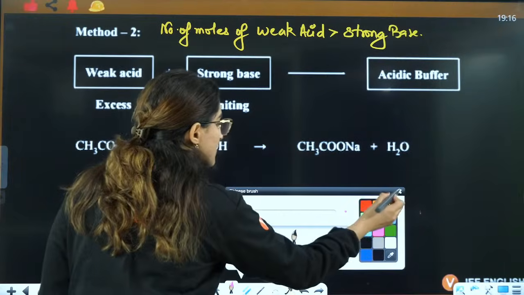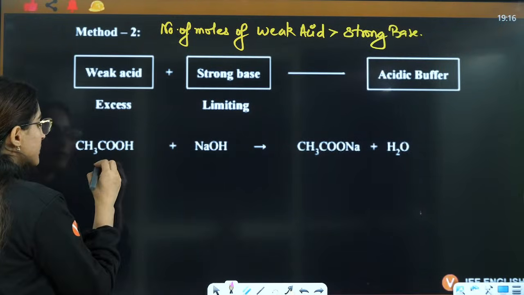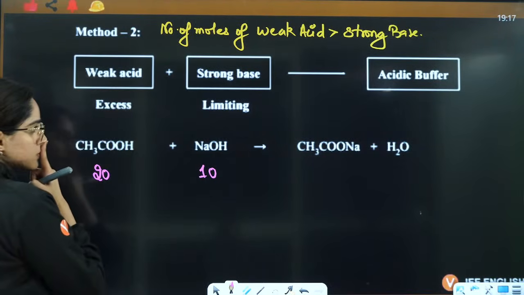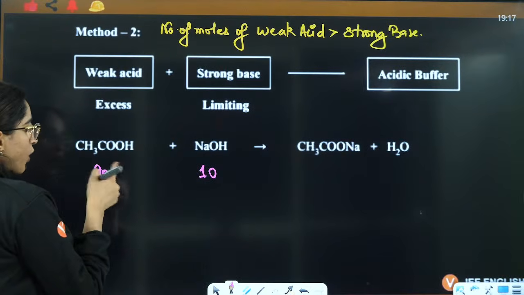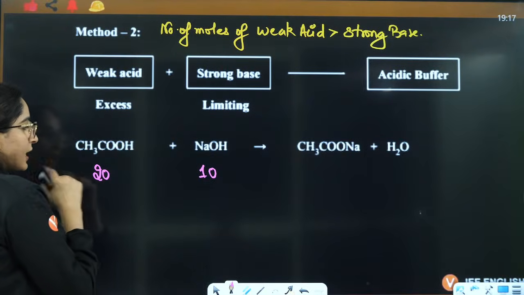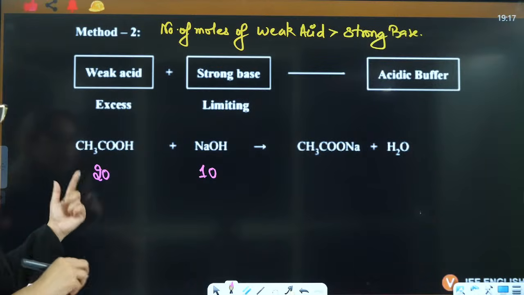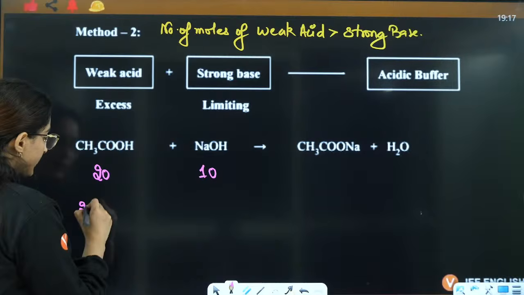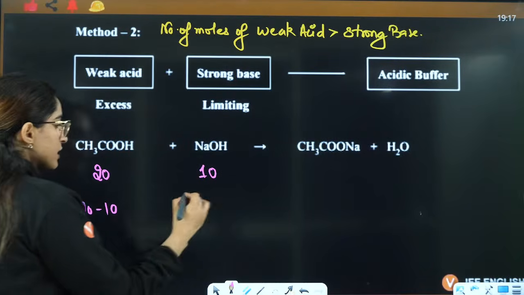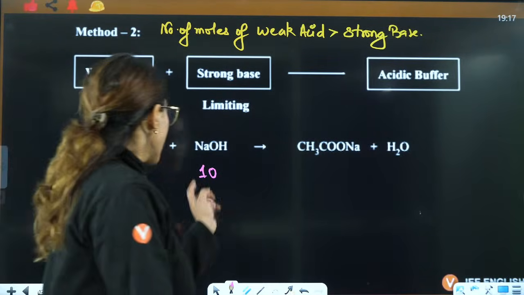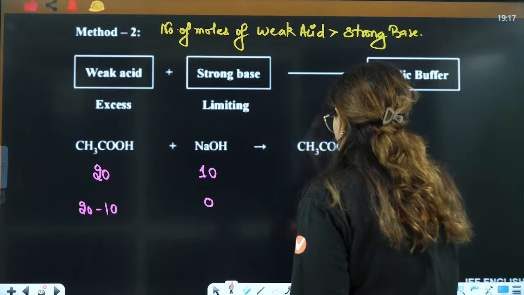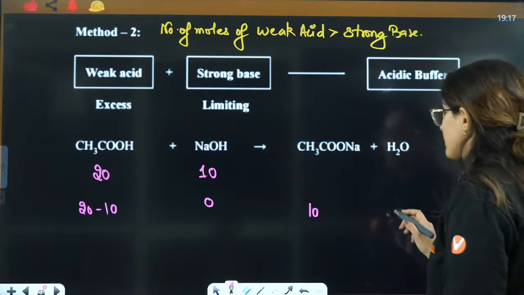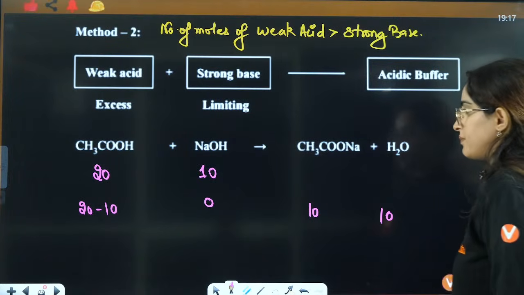So if you see this here, this is a weak acid. Let's say there are 20 moles of it and 10 moles of this. When they react, out of this 20, 10 moles have reacted. Here you have 0 moles of this, and you will have 10 moles of CH3COOH and 10 moles of water.